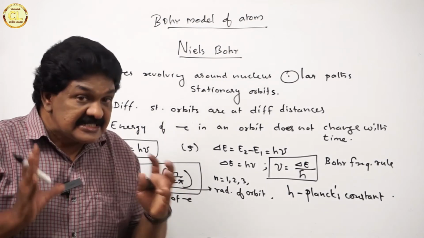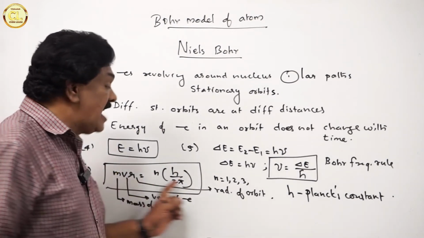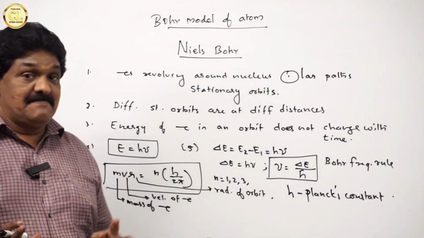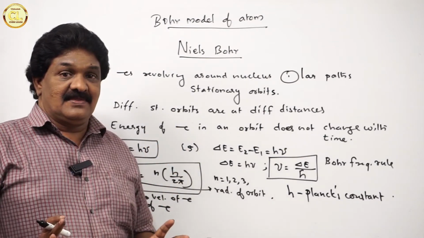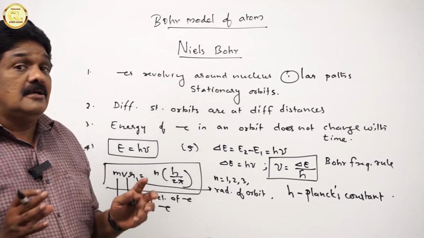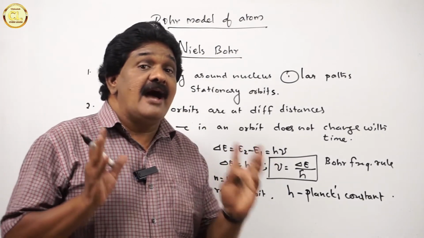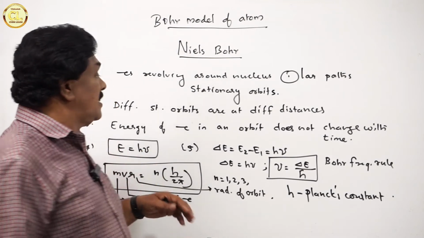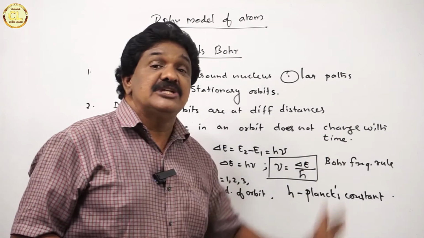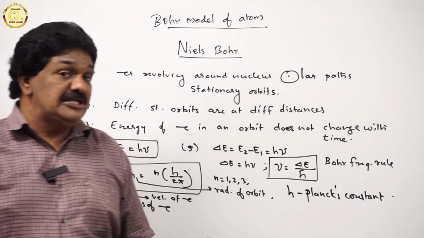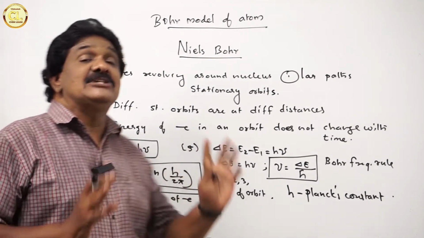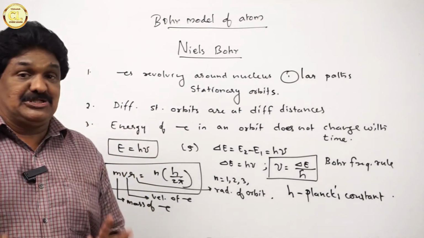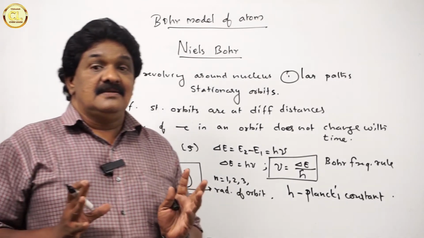From this, it is clear that the angular momentum of the electron is also quantized, packetized. Therefore, two important highlights of Niels Bohr's atom model are quantization of energy, that is packetization of energy, and quantization of angular momentum, or packetization of angular momentum. That's it.